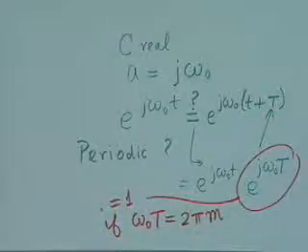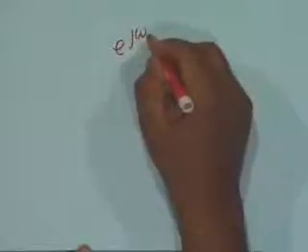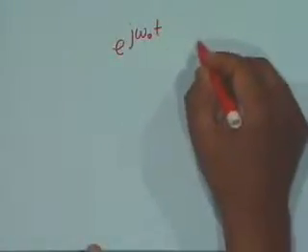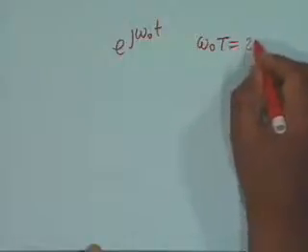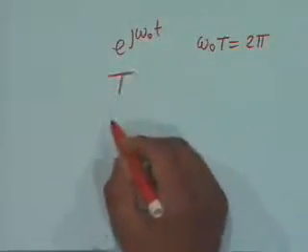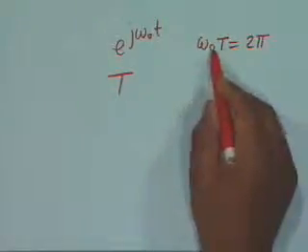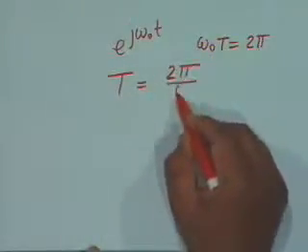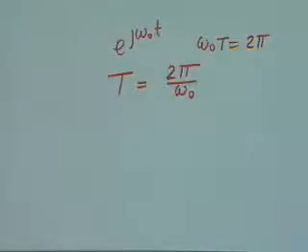Now, the smallest m shall define the period, that is the fundamental period. The fundamental period is given by capital T. This is periodic if omega 0 capital T is 2 pi. So, capital T is 2 pi over omega 0.